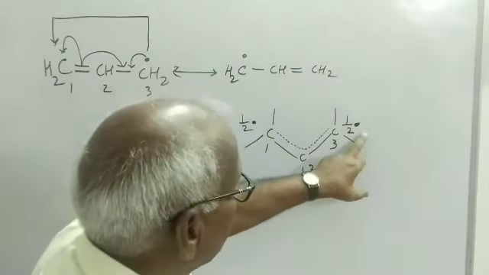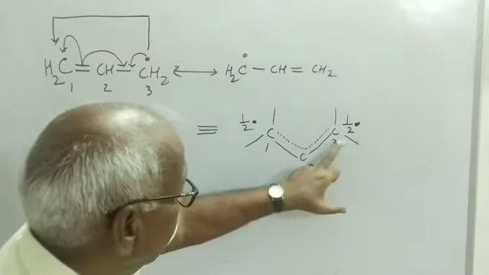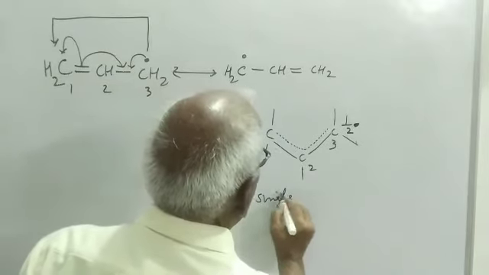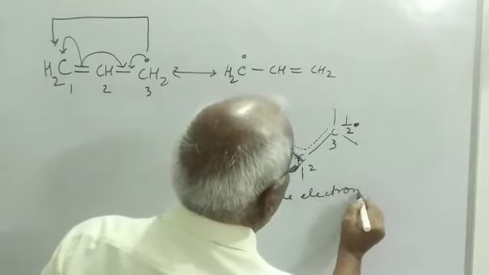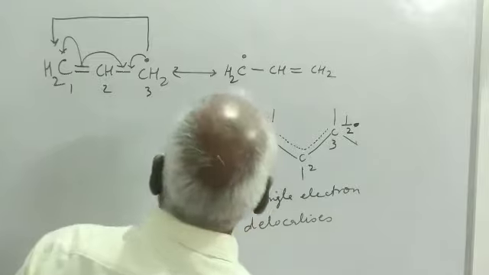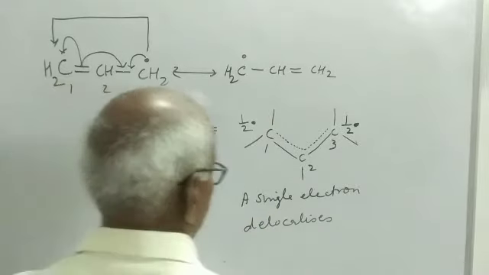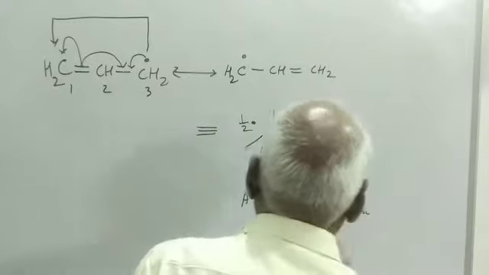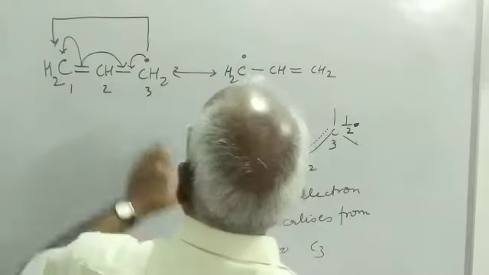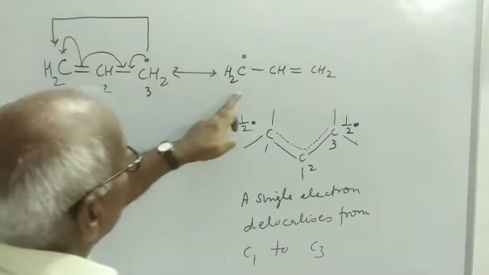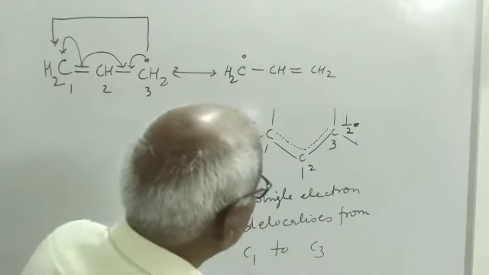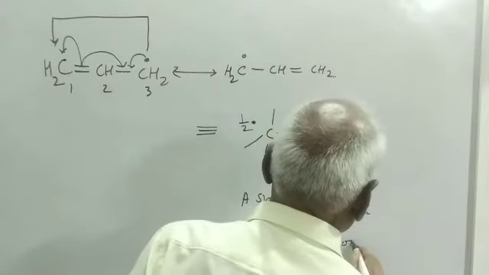So a single unpaired electron delocalizes over 3 carbon atoms, from 1 position to 3 positions, from C1 to C3 and vice versa. It will go from 3 to 1 or from 1 to 3.